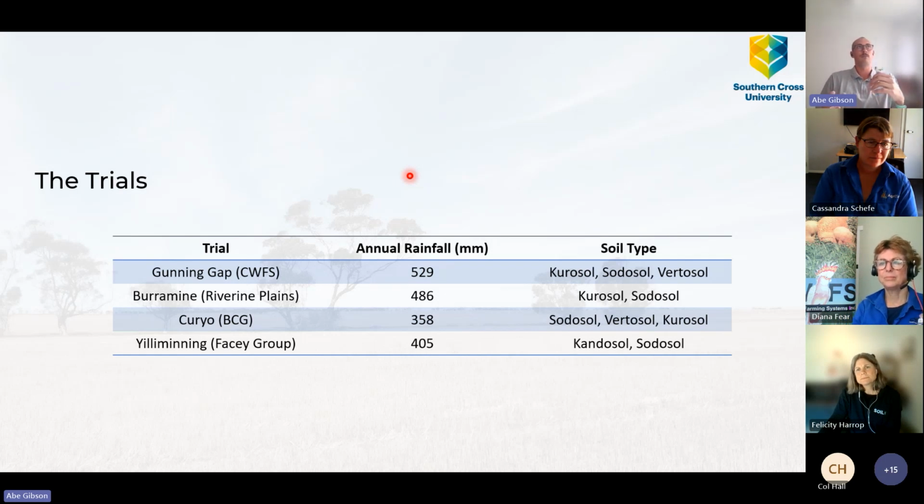We know that going from crop to pasture to forest, we have an increase in soil carbon. I think what we haven't quite done as a scientific community yet is understand the nuances or the smaller changes within a system in terms of what management does for soil carbon.